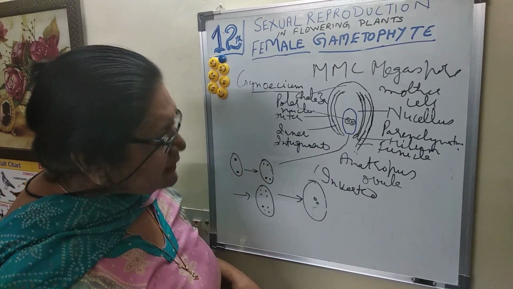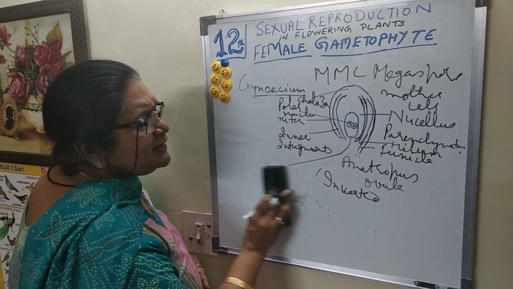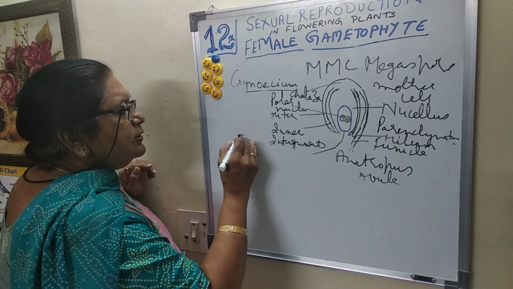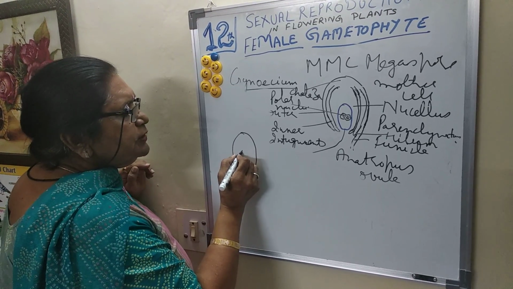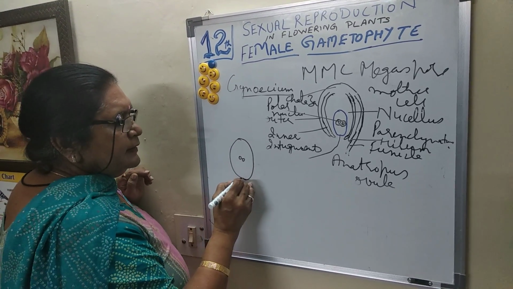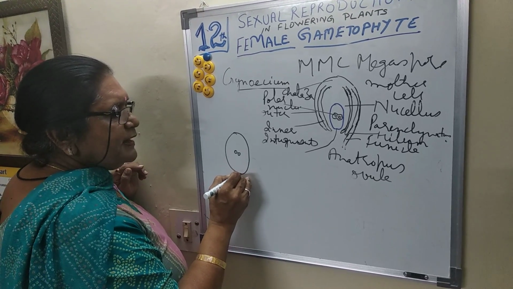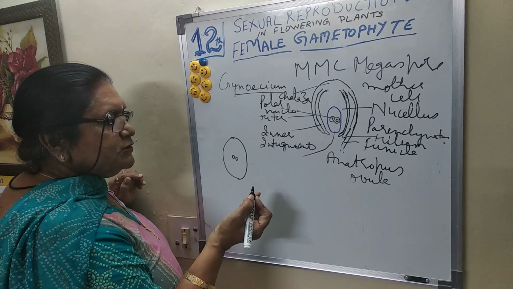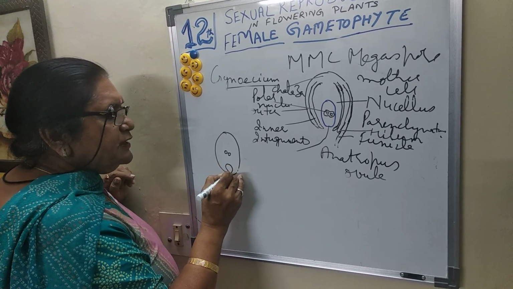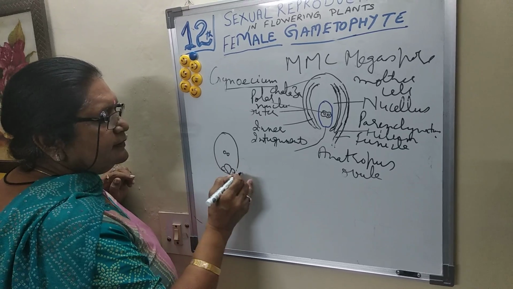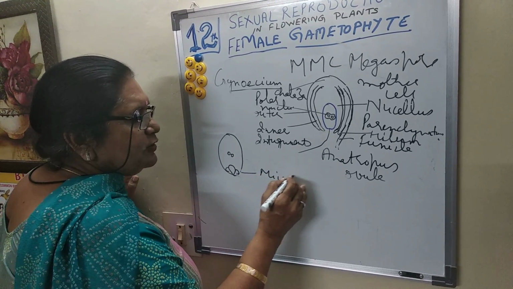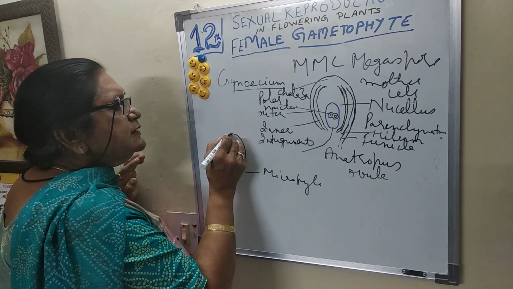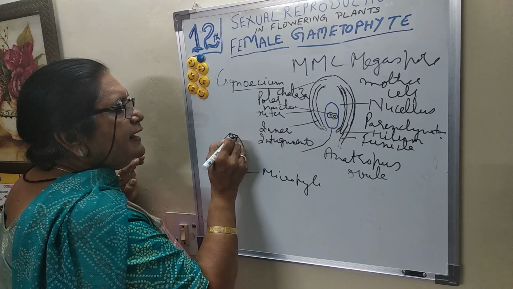Now these cells start migrating. We will draw the embryo sac separately, with two in the center. Towards the micropylar end, the egg should be there. If it is the micropyle side, the egg is always toward that side, and opposite to that form three antipodals.